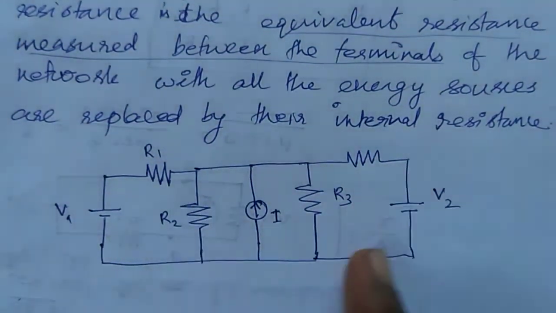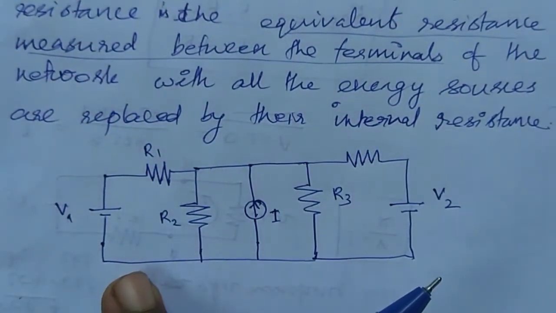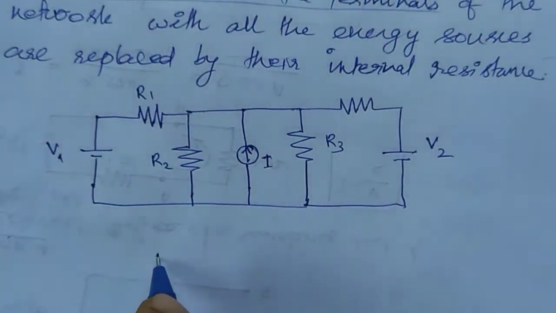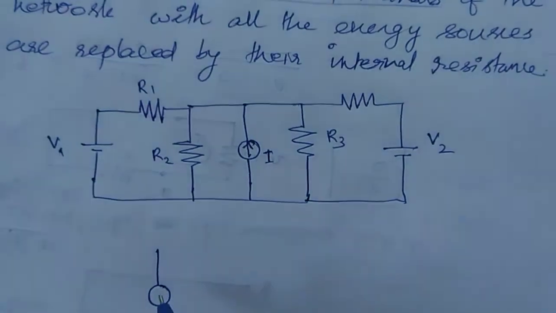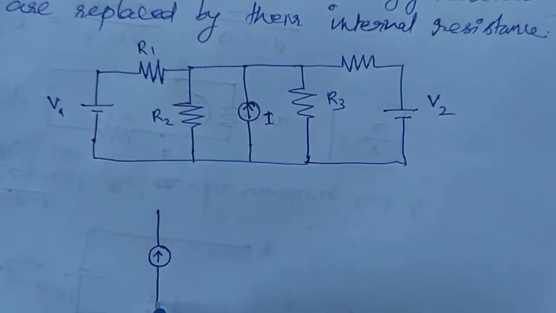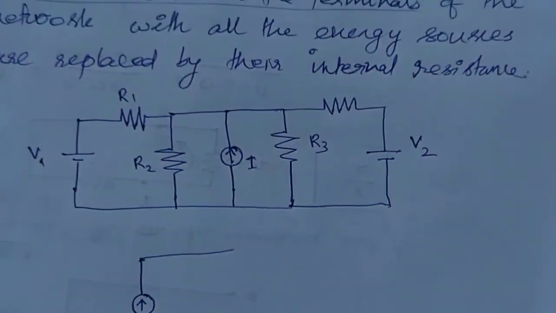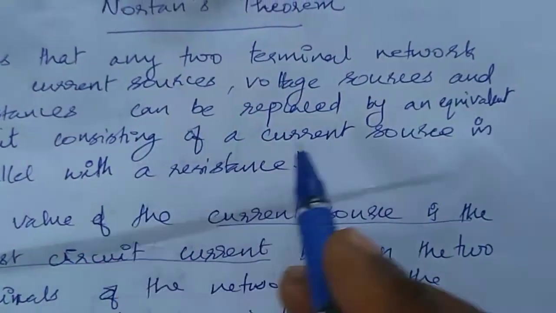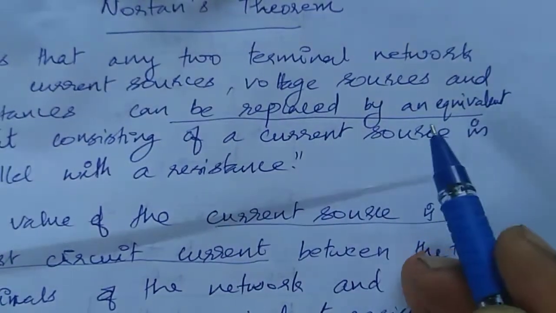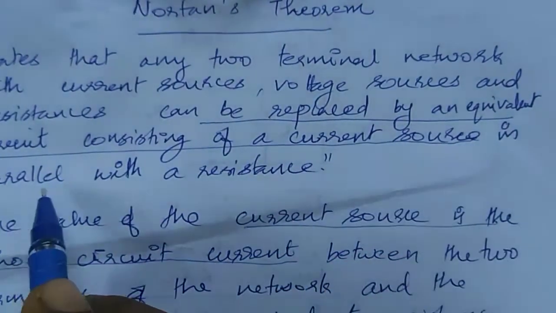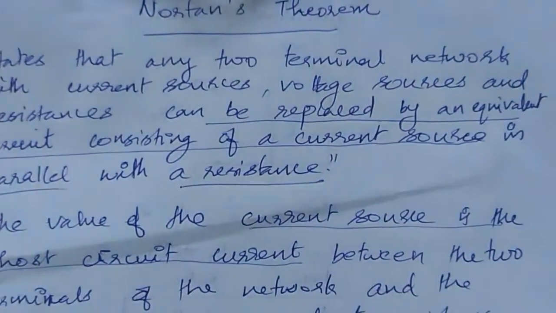This circuit can be replaced using a single circuit containing a current source. This is the representation for a current source. And what is the statement? It can be replaced by an equivalent circuit consisting of a current source and a resistance that should be in parallel.